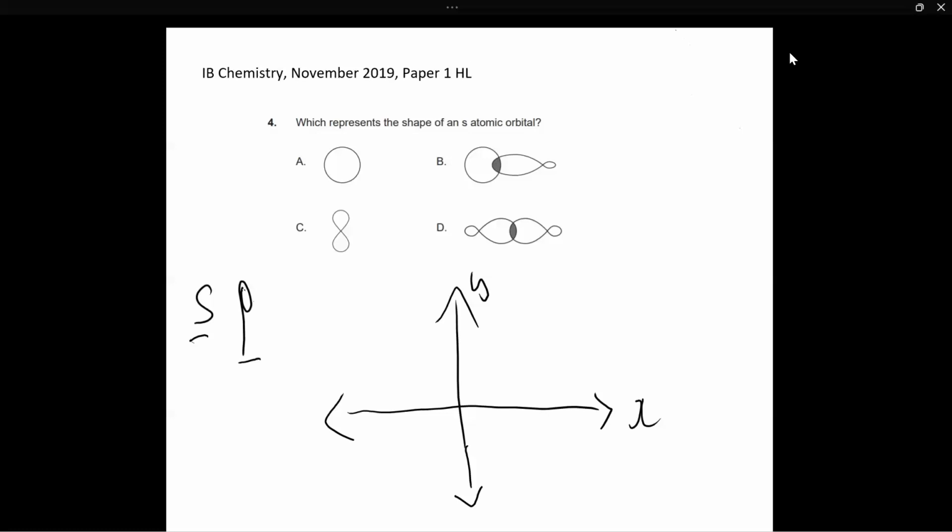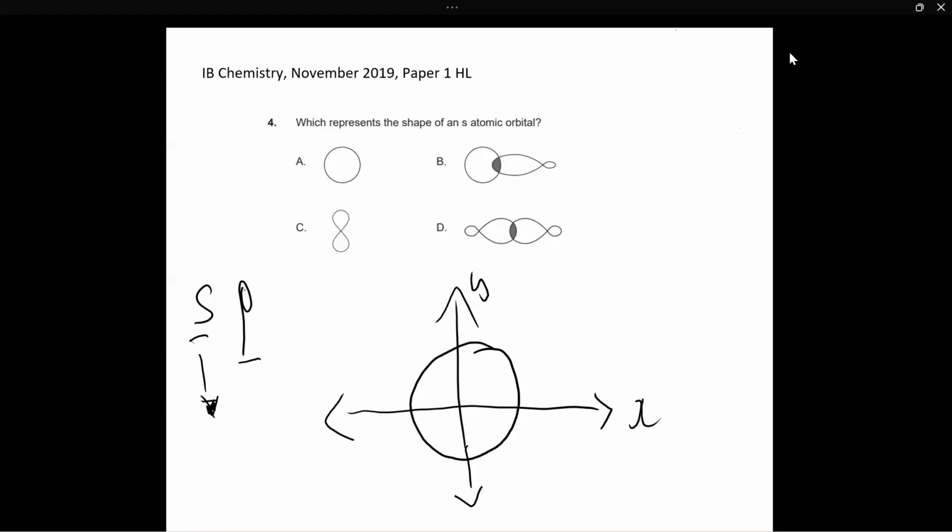So the S orbital is very simple. The S atomic orbital is only made up of one orbital, and that is the orbital which looks like this. It's spherical. This is how it looks. That is it.